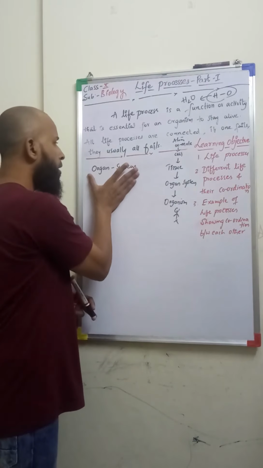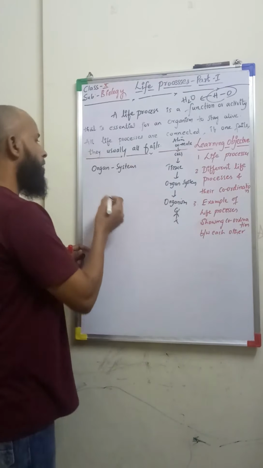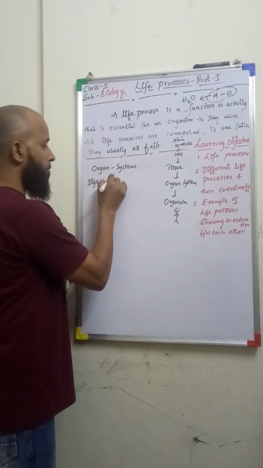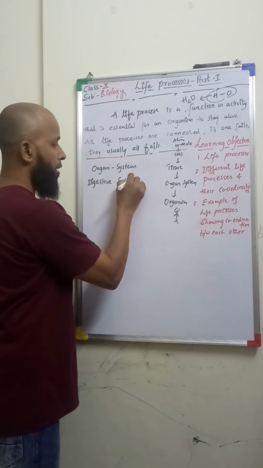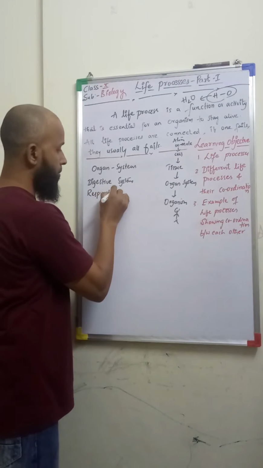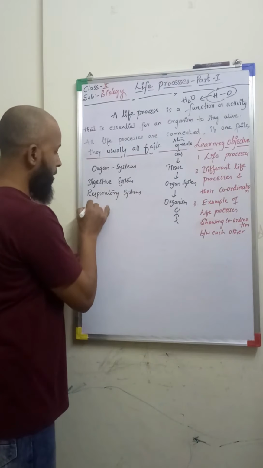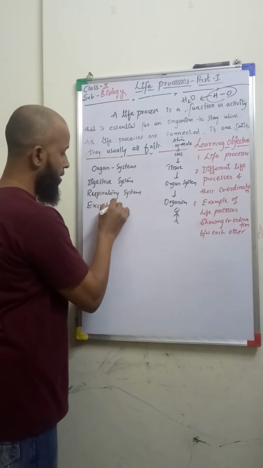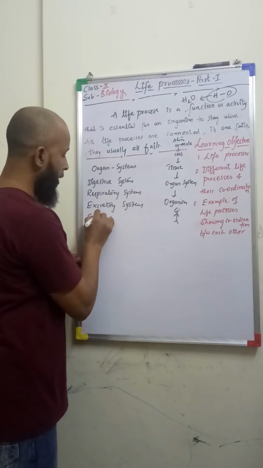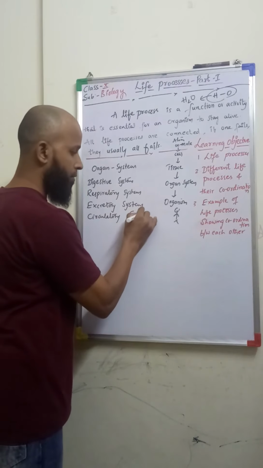Now here are the different organ systems. What are the different organ systems? For example, digestive system, respiratory system, excretory system, circulatory system.